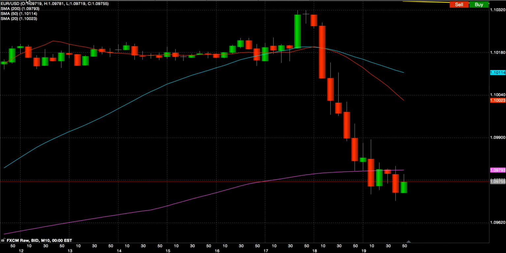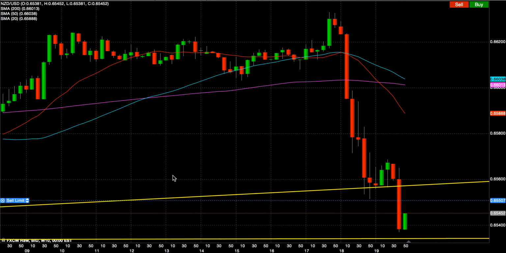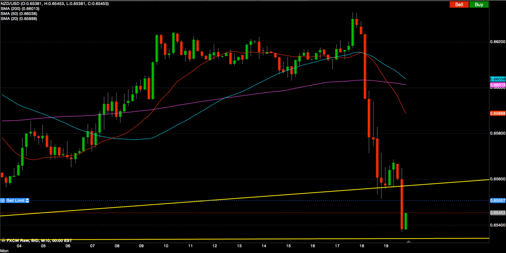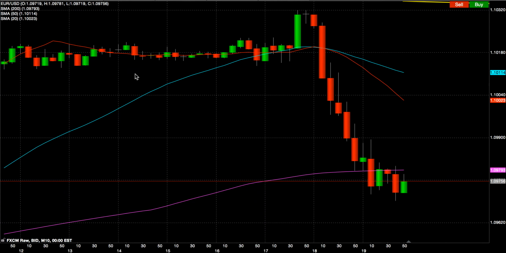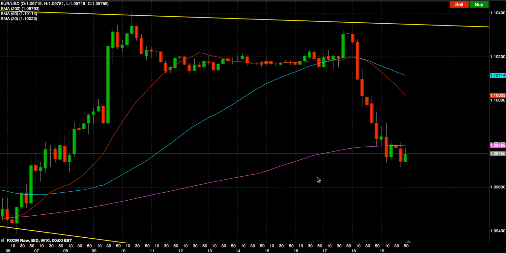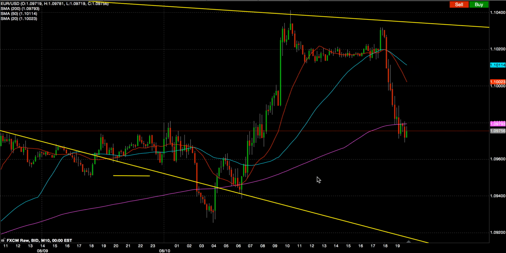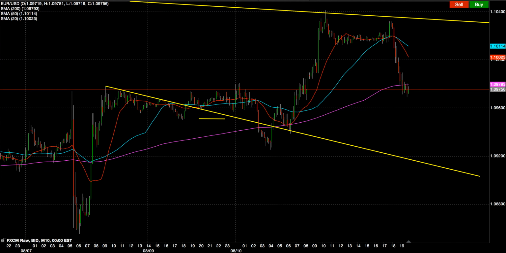this is looking bearish. Got the New Zealand dollar here, waiting for that final push up. I really want to take this trade right now. Nope, never mind.